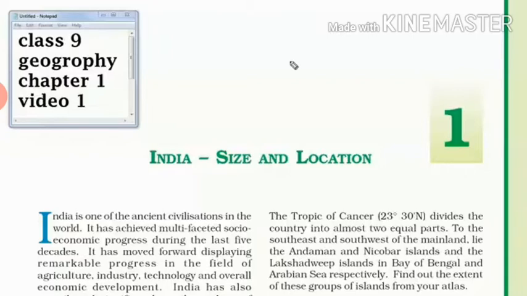Of this, imports constituted 53% and exports made up 47%. India has established close cultural and commercial contacts with these countries. India is connected with Europe, North America and South America through ocean and air routes.